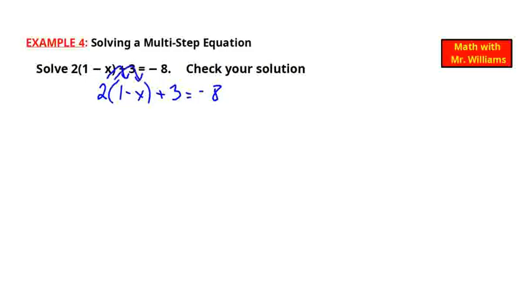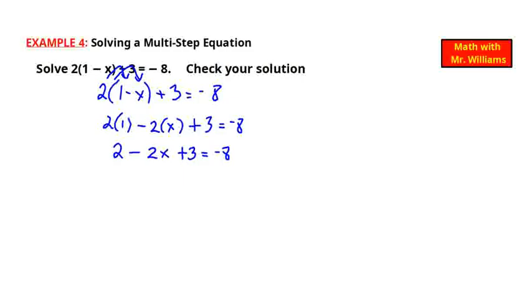So 2 times 1 will give me 2 times 1 minus, we have 2 times the x plus 3 equals the negative 8. All right, it's multiplied out. 2 times 1 is 2, minus 2 times x is 2x, and we have plus 3 equals a negative 8.